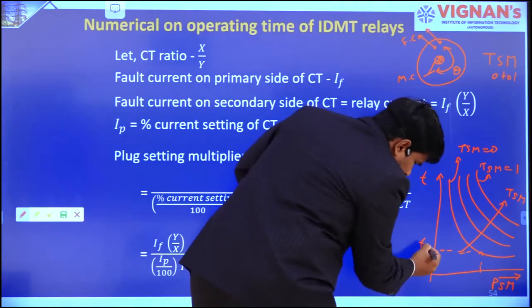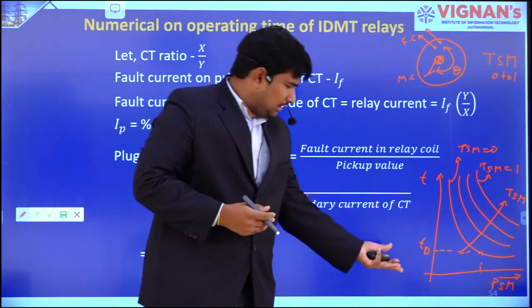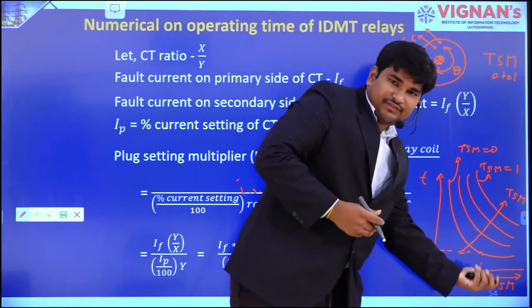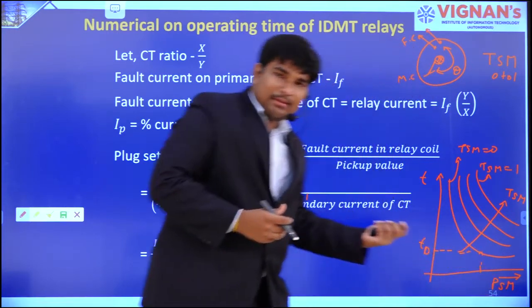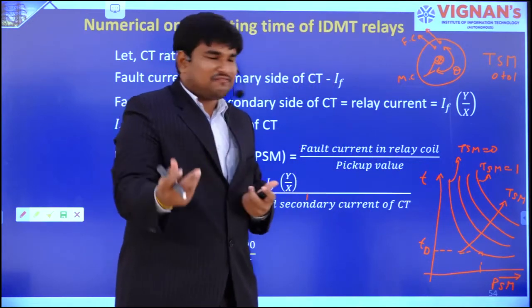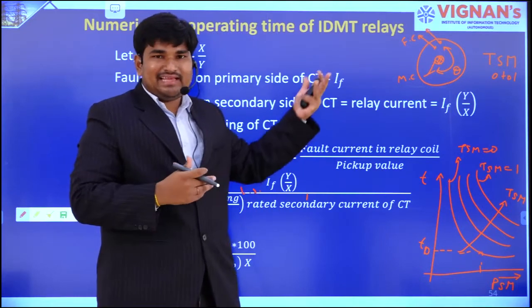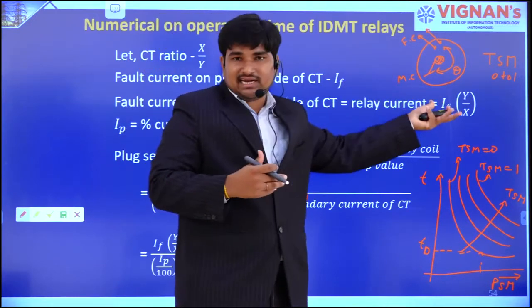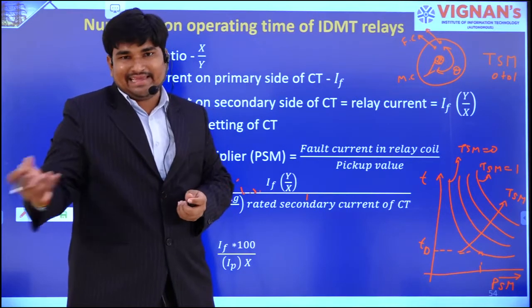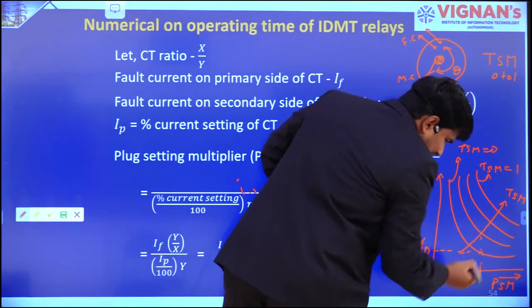As TSM is 0, let it be T0. The notation is our wish only. So for some PSM, the relay operating time can be found from these characteristics. For example, we are providing intentional delay.